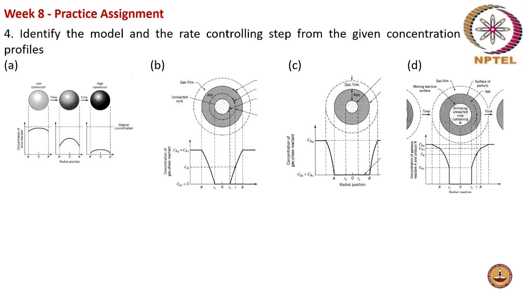So you have seen this question, right? So you have to identify each of these figures, which model it belongs to, and which rate controlling step it is referring to. Okay. So in the first figure, you could see the concentration along the entire radius or entire diameter changes with time, correct?